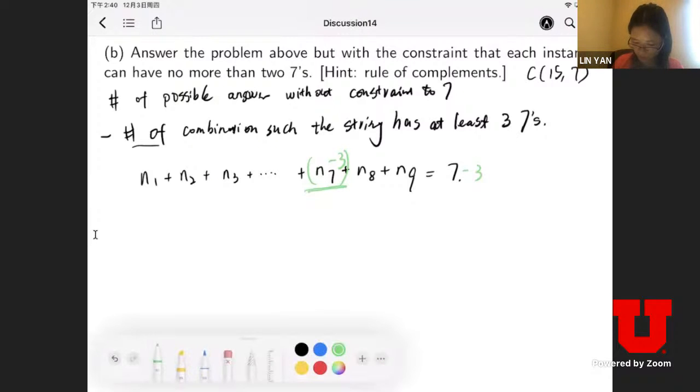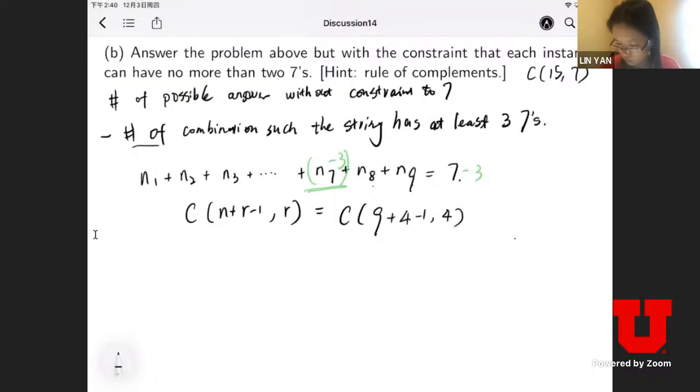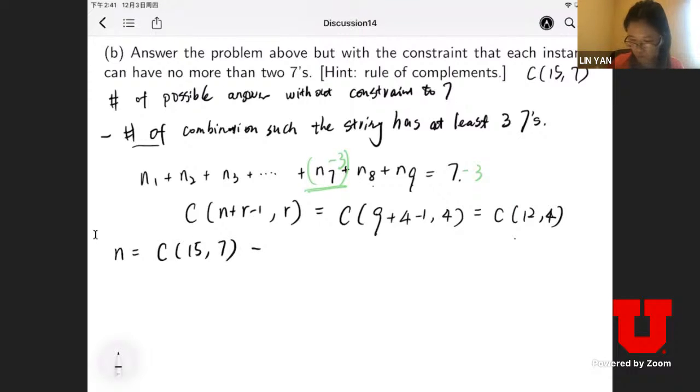Now we can rewrite the problem as (n plus r minus 1) choose r. N is still 9 because we have 9 items on the left-hand side, but now r is equal to 4, so it is 12 choose 4. So the final number for this problem is 15 choose 7 minus 12 choose 4.